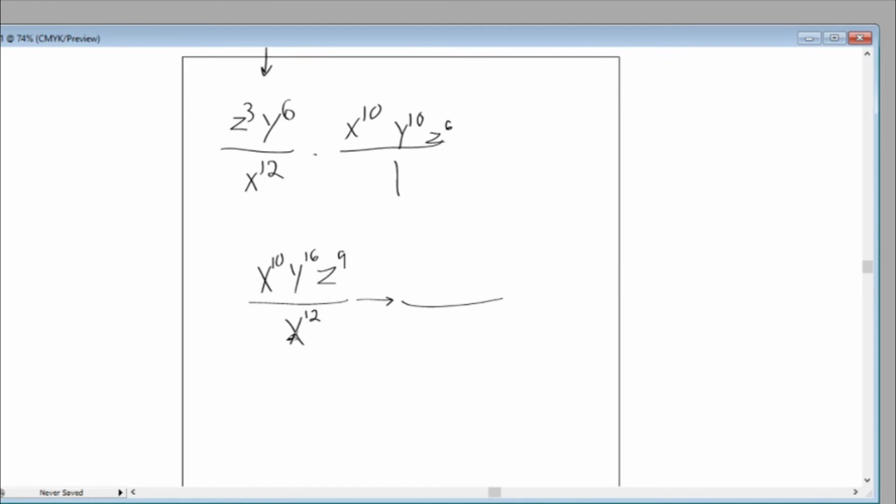So x to the 12th is the larger one. 12 minus 10 is going to give us 2. So x to the 2nd on the bottom, y to the 16th on the top, along with z to the 9th. And there is our answer, finally. So I'll select everything here and bring it into view.